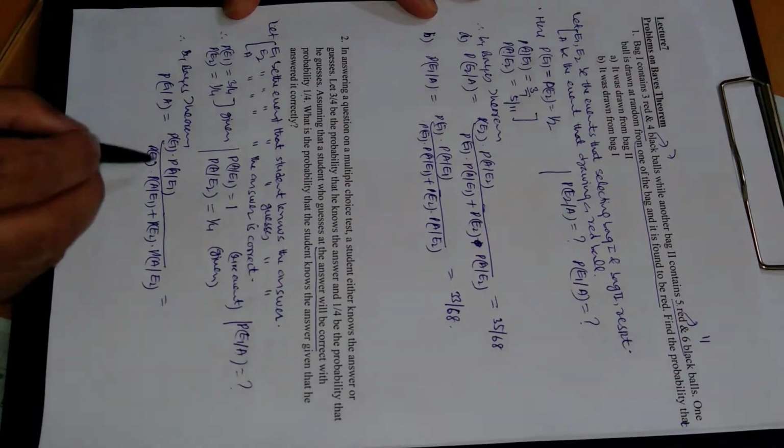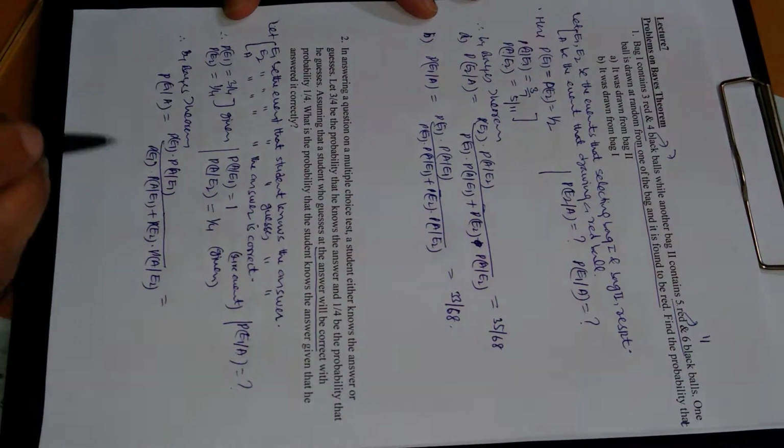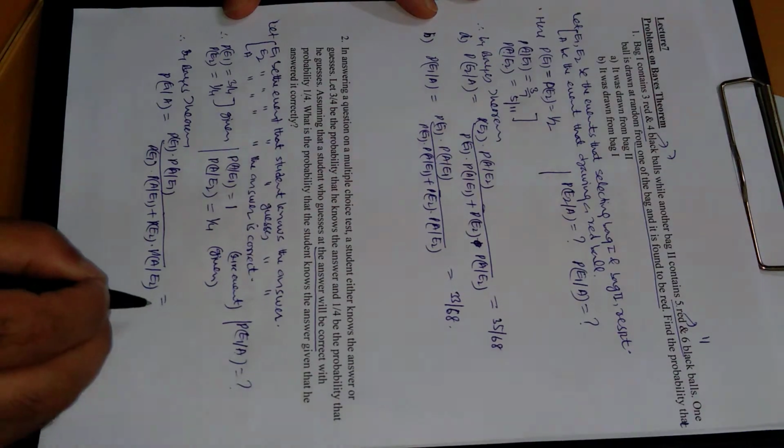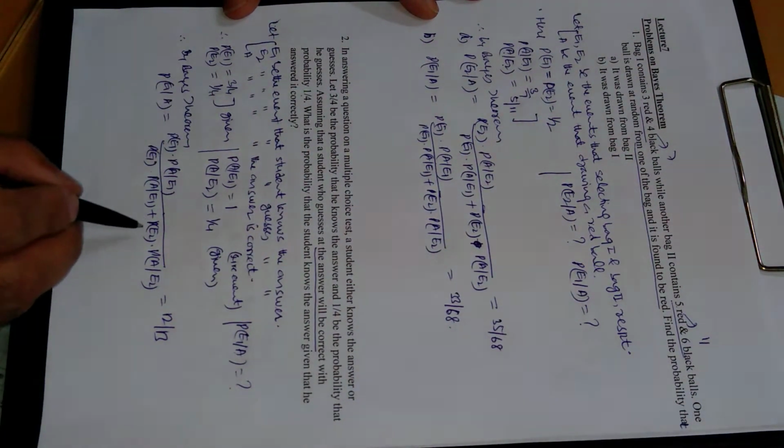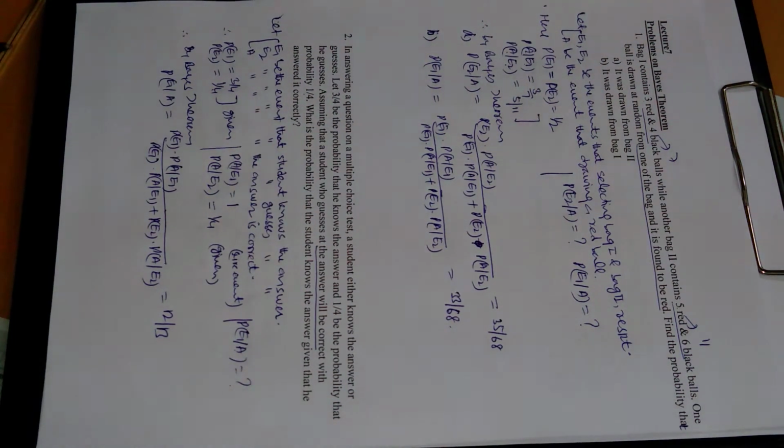Now substituting the values of all of these probabilities, this comes out to be 12 upon 13. This can be easily calculated; it is simple mathematics.